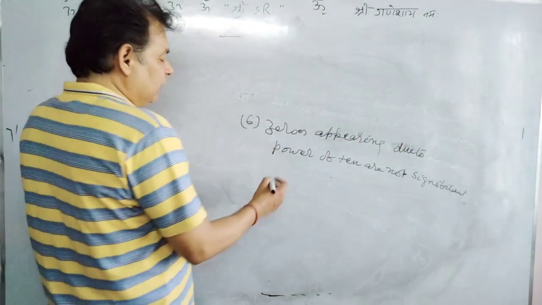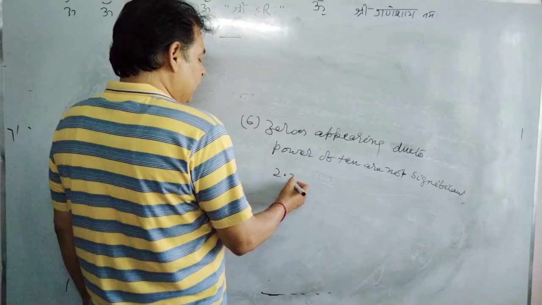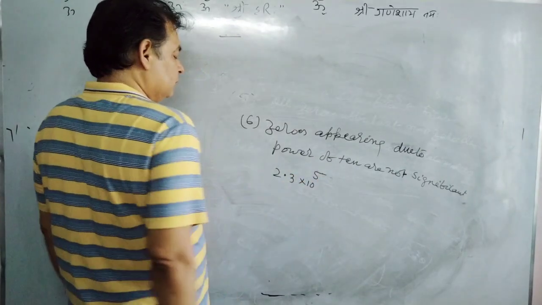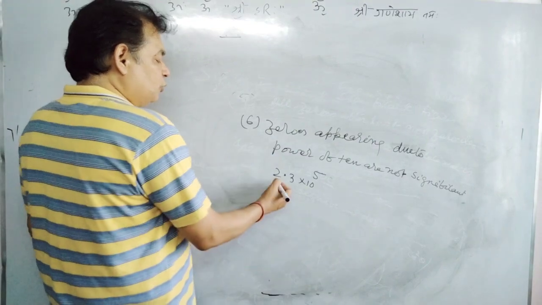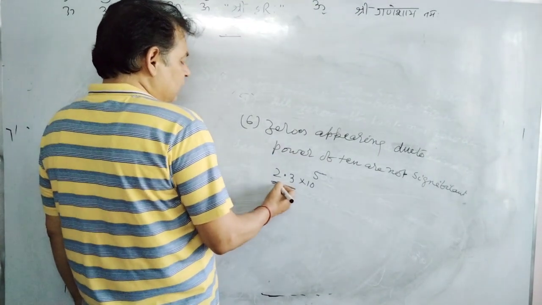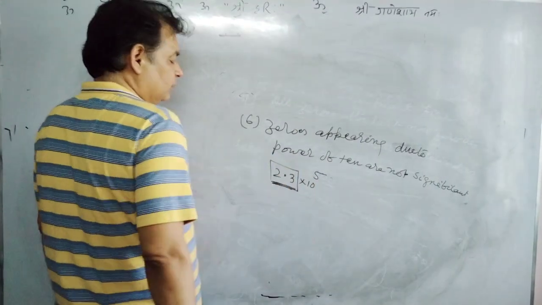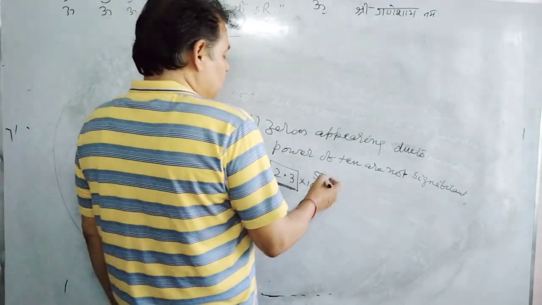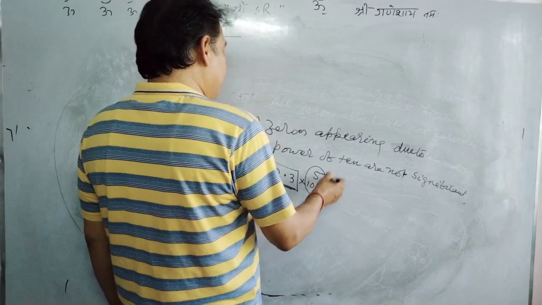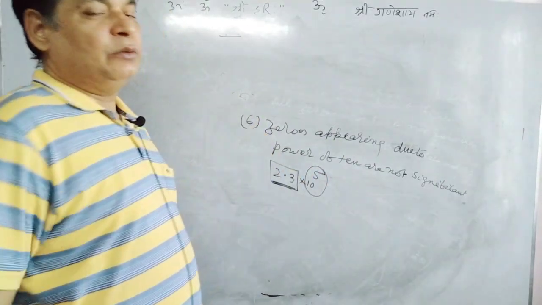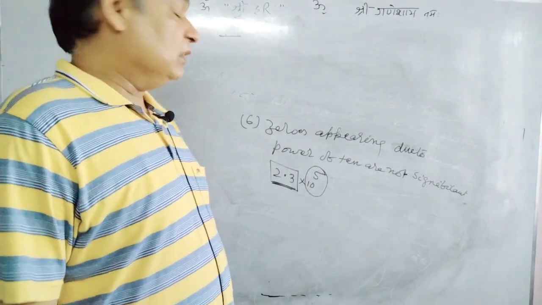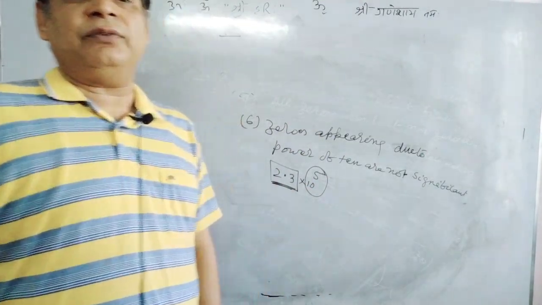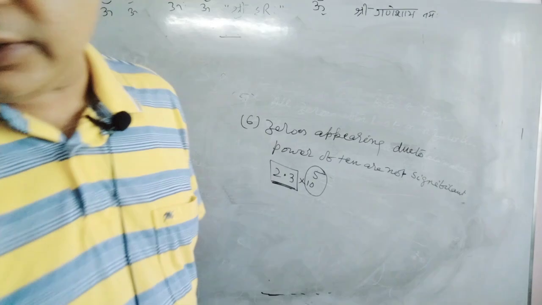For example, 2.3 times 10 to the power 5 has only two significant digits. These zeros due to the power of 10 would not be counted as significant figures. So these are the rules to count significant figures. I hope you can understand this.